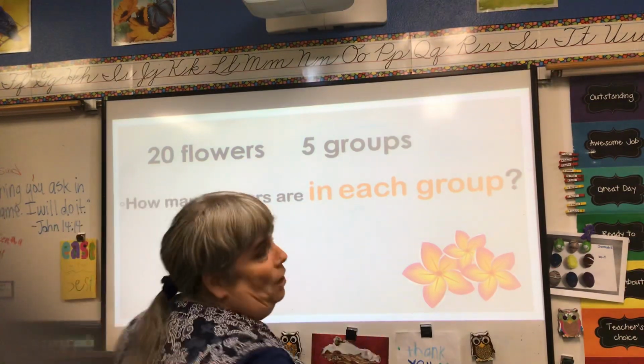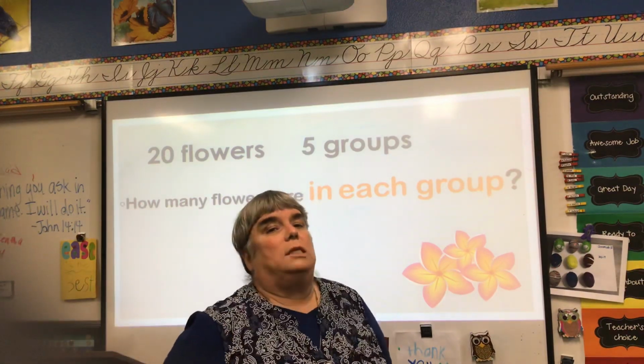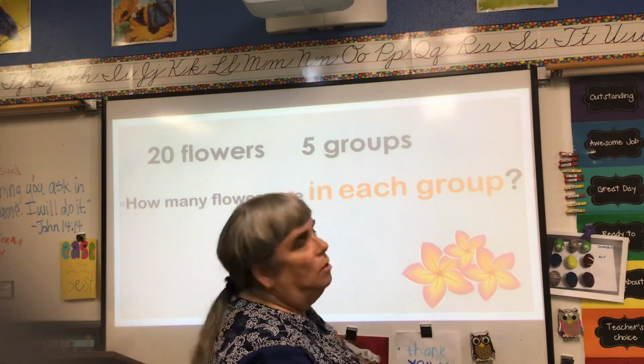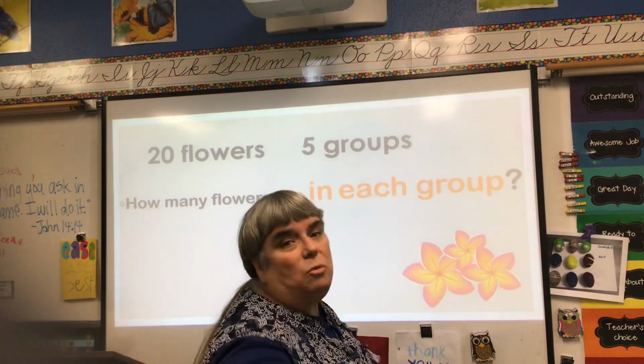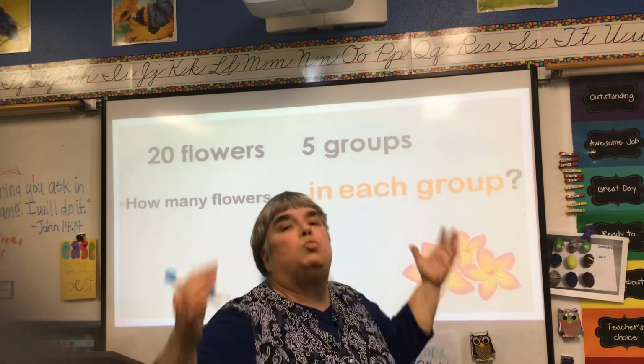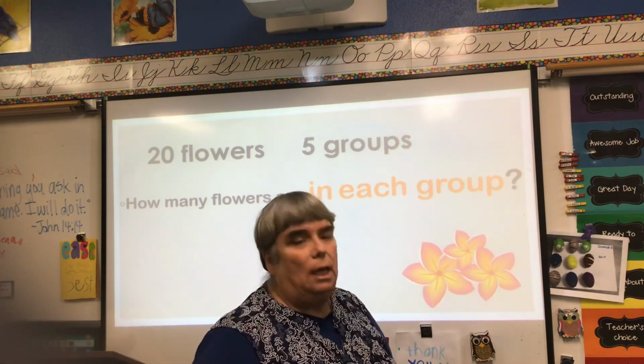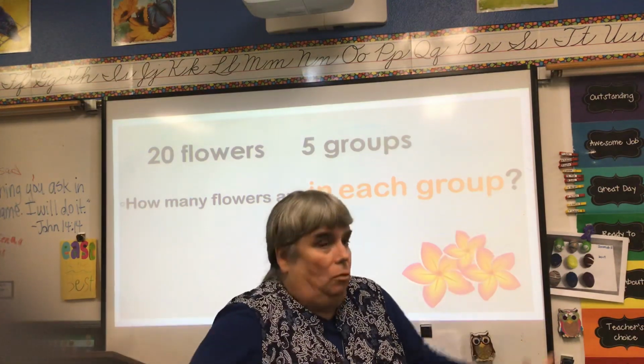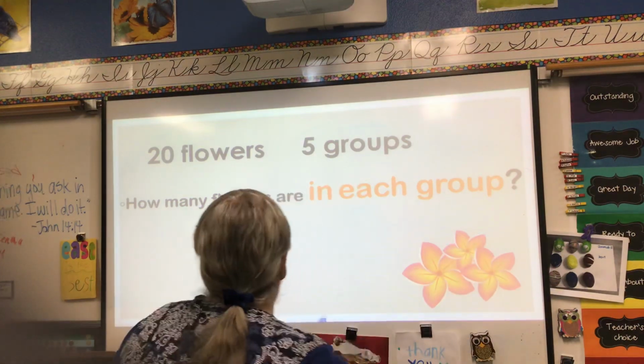Okay, this is very, very similar to a question you're going to see on the test. All it says is 20 flowers, 5 groups. So what I'm going to ask you to do is write the division sentence. If you write the division sentence, it's going to help you. Go ahead and push the button.